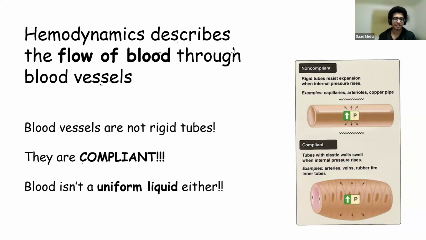They're actually compliant, which is exactly what I was talking about earlier. The blood vessel can stretch out. There's a picture right here. So this is non-compliant: no matter how much pressure you add to it, it won't expand. But an artery, like the aorta, for example, you add blood and pressure to it, and it'll expand outwards.